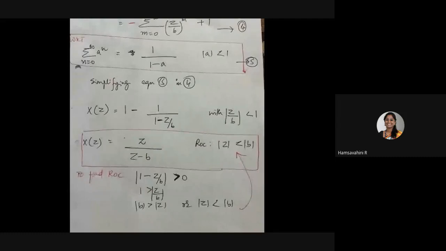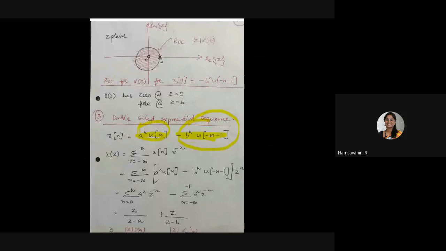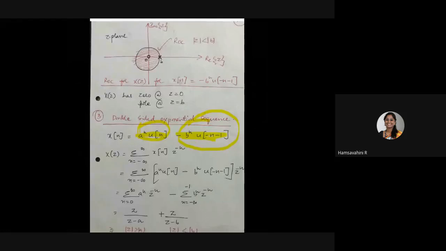We have just solved these two problems. In the same way, here x of n is just the addition of these two, and taking the z transform, we get z by z minus a, and here z by z minus b.